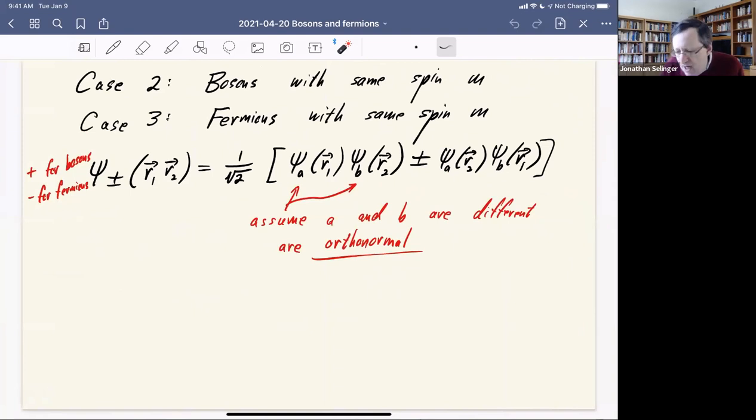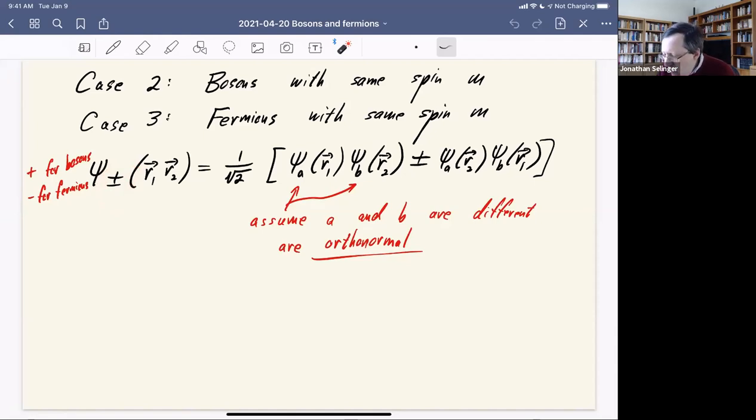For bosons, the wave function has to be symmetric if you swap the labels for 1 and 2. For fermions, it needs to be anti-symmetric. We're doing both cases at once with this wave function psi plus or minus: the top sign means bosons and the bottom sign means fermions.